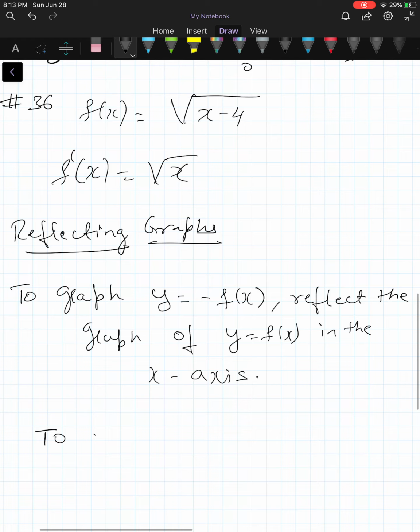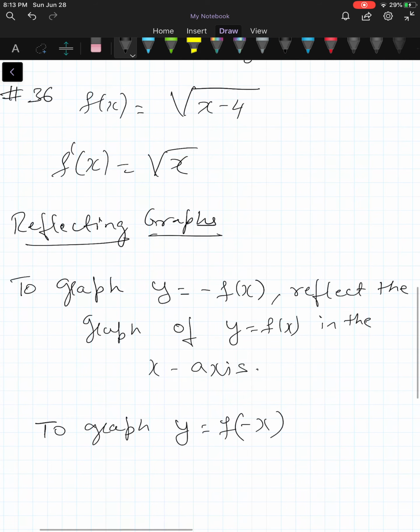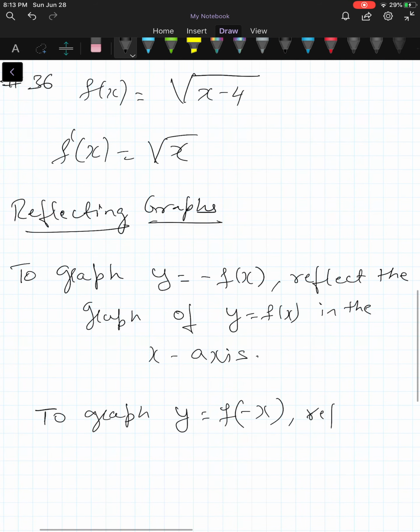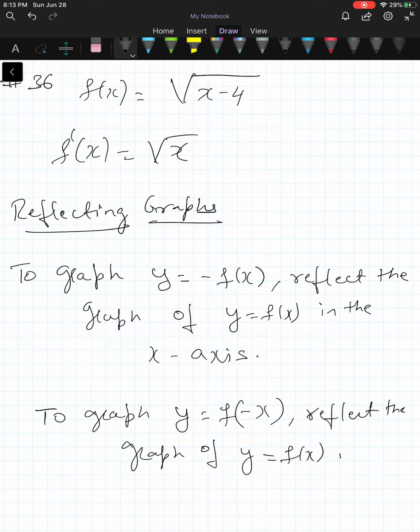The same thing applies to the y-axis. To graph y is equal to f of negative x, it is the same as reflecting the graph of y is equal to f of x in the y-axis.